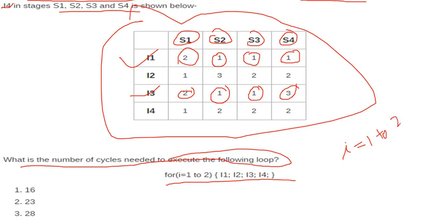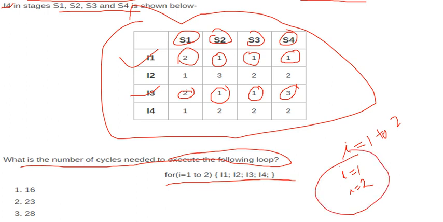It means it will run instructions I1, I2, I3, I4 for I equal to 1, and again run I1, I2, I3, I4 for I equal to 2. It simply means that the I1, I2, I3, I4 instructions will be executed 2 times in this loop.